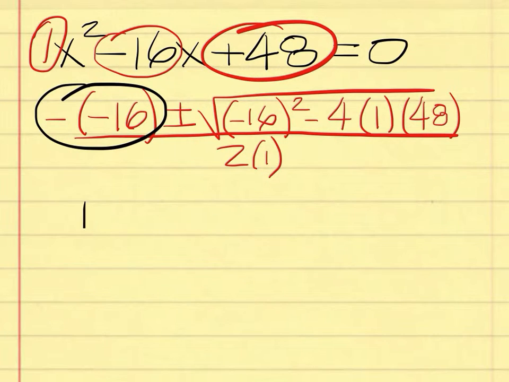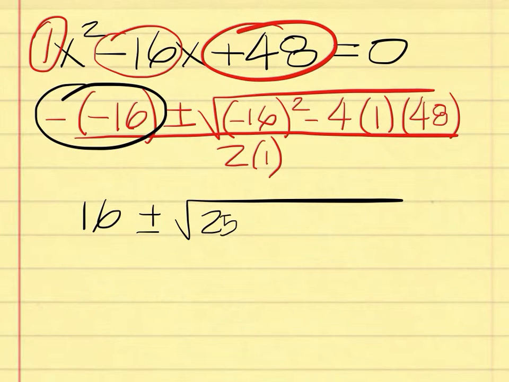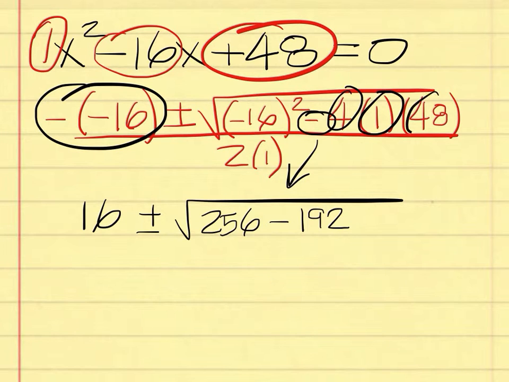This becomes positive, double negative. The quantity squared of negative 16 is 256. And then you're going to have 4 times 1 times 48, which is going to be 192. I know that this is going to remain a minus sign here because each one of these is positive.